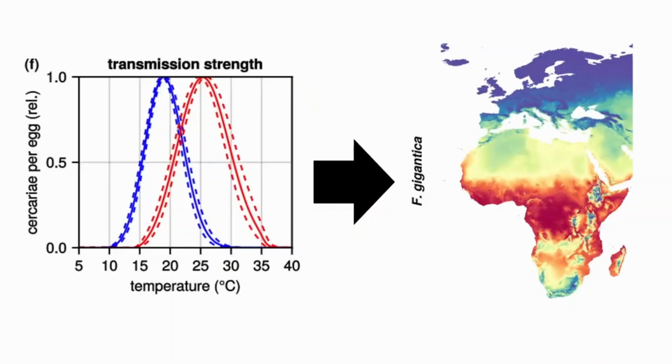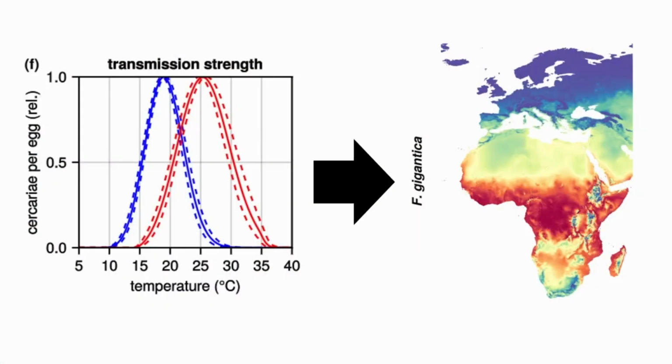In blue, it means it's never within the suitable range, and in red, it means it's perfect all year. And again, with model outputs for future climates, we can predict what this would look like under future conditions.